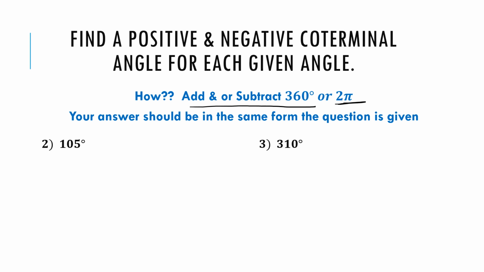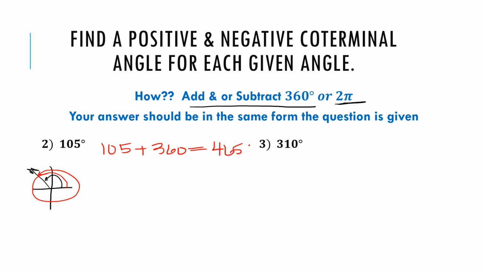If it helps you to sketch your graph so you know where you're looking, you can do that. I'll do that for a couple of them, but not all of them. For our first example, 105 degrees, that is in quadrant 2, a little bit past 90. If I want a coterminal going more than one rotation around, I'm going to add 360. So I would have that red angle, which would be 465 degrees.